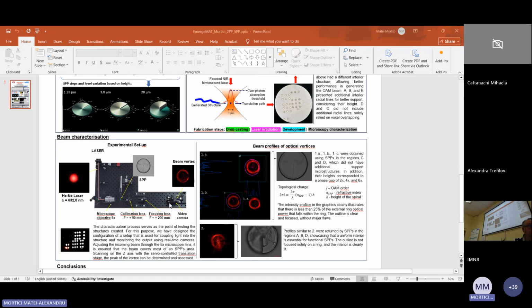This is the experimental setup we used in order to assess the state of the SPPs and their structural characteristics.